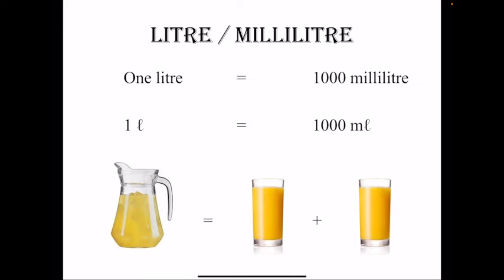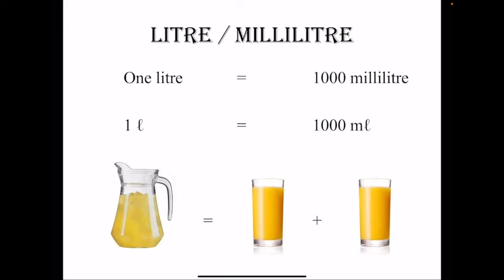This jug can fill 2 glasses of 500 milliliters each. So 1 liter is equal to 500 ml plus 500 milliliters is equal to 1000 milliliters. Have you understood, children? So according to capacity, 2 glasses of 500 milliliters can be filled with the juice contained in 1 liter jug.